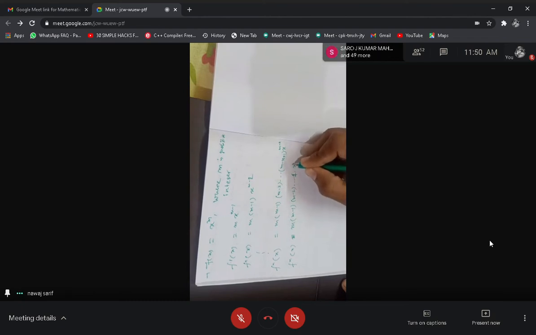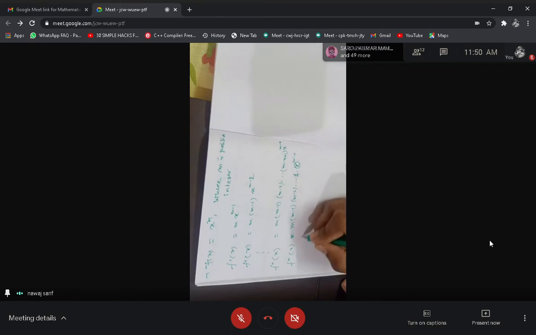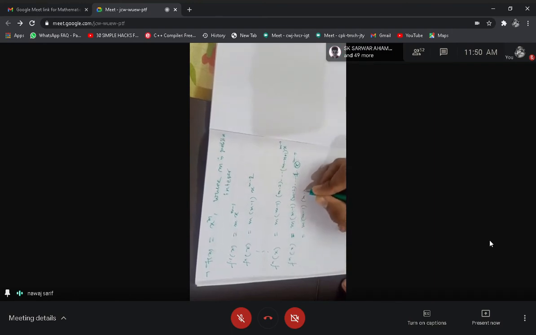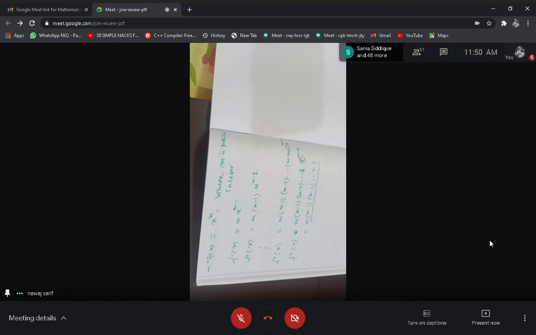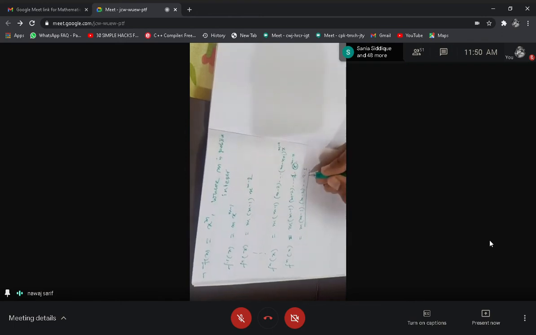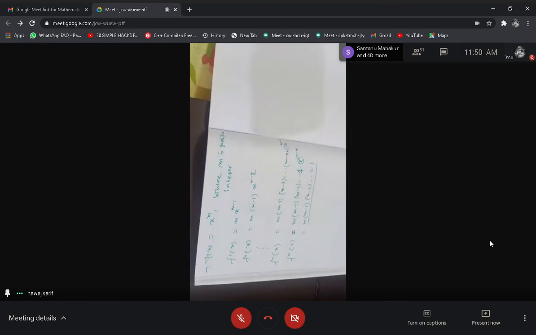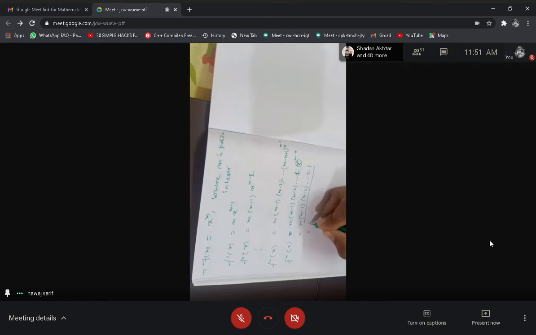That means this term becomes 1, and x to the power m minus m is x to the power 0. That means this is m into m minus 1 into m minus 2, up to 2 into 1. What is this term? 1 into 2 into 3, up to m. That is m factorial.